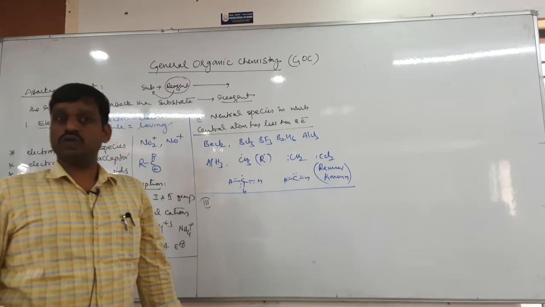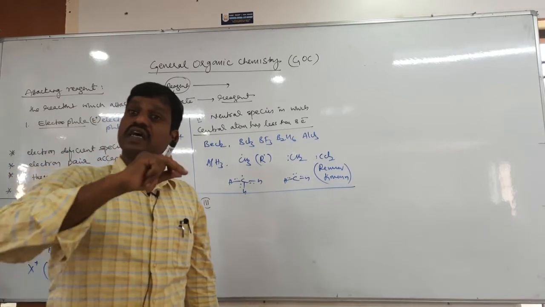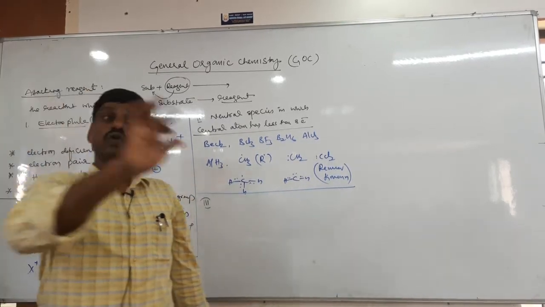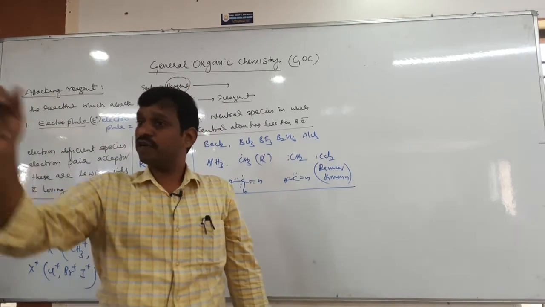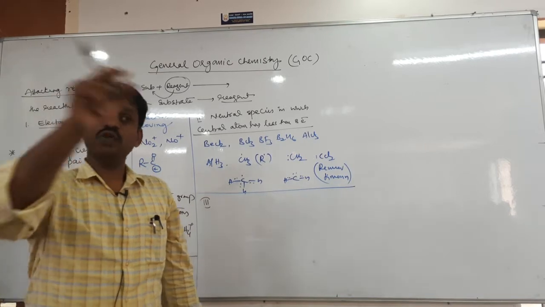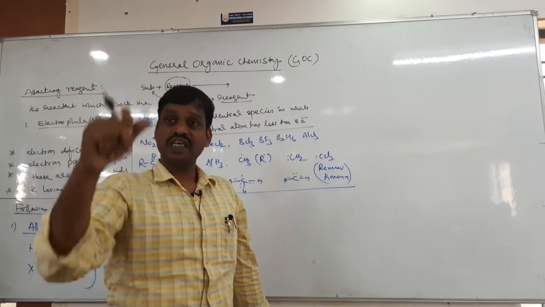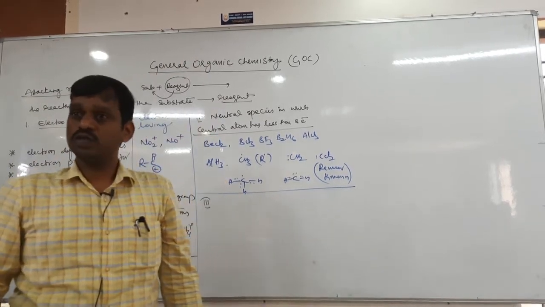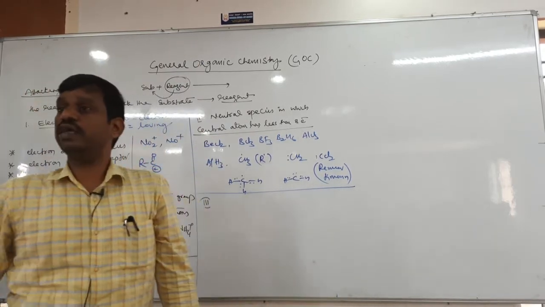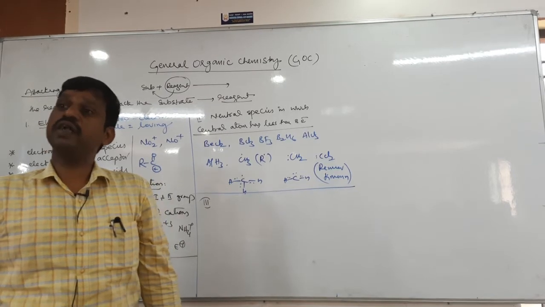Even p block also. In the p block, other than the first element in a group, for example, nitrogen and phosphorus. Nitrogen does not have a d orbital, but phosphorus has a d orbital, right? Oxygen does not have a d orbital, whereas sulfur has a d orbital.